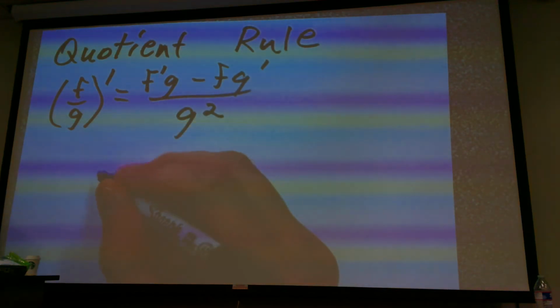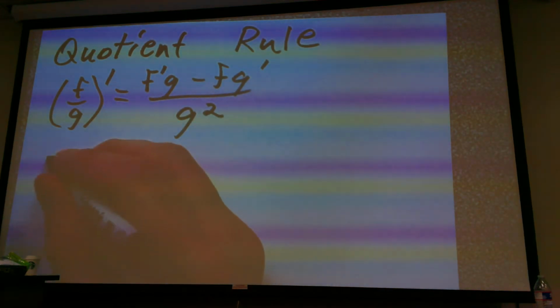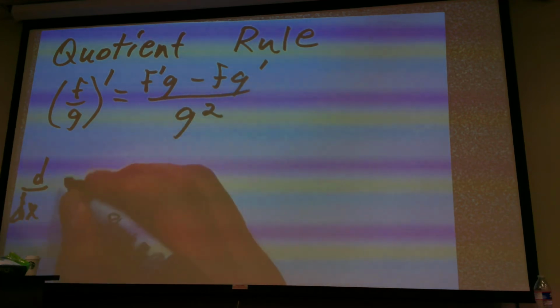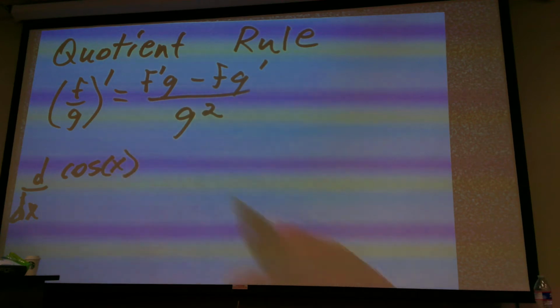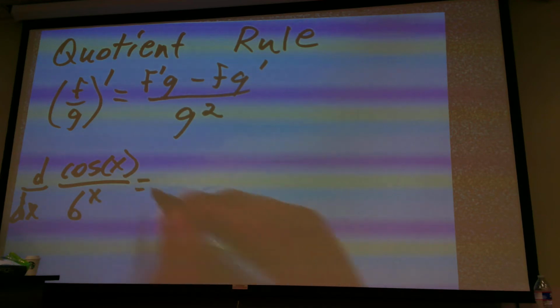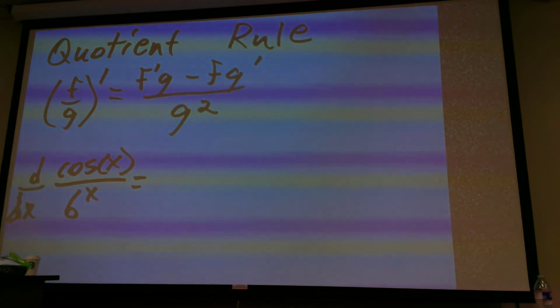So let's say I was going to take the derivative with respect to x of, let's say, cosine of x divided by 6 to the x. Okay.